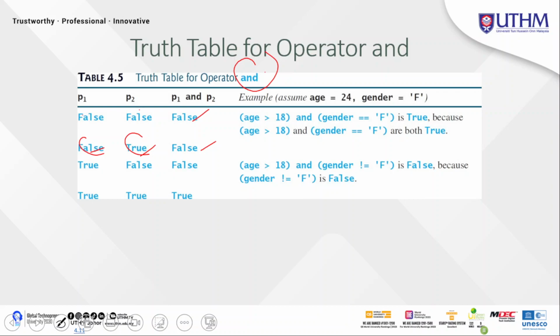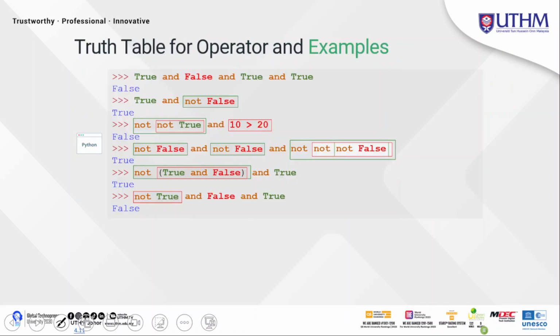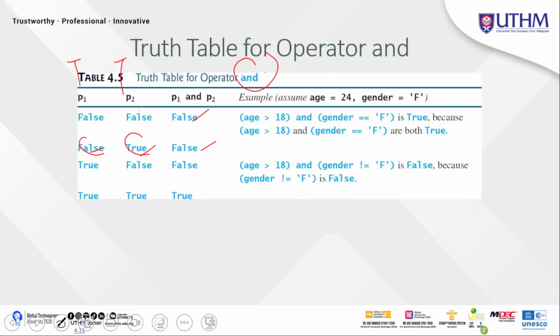AND means both sides must be true. True and false is false, and true and true is true. So we have three false and one true for the AND operator.